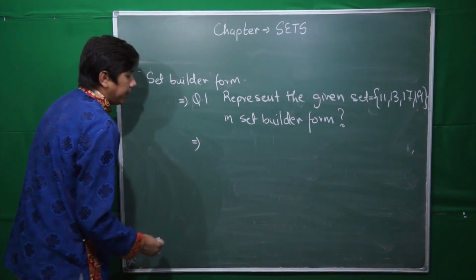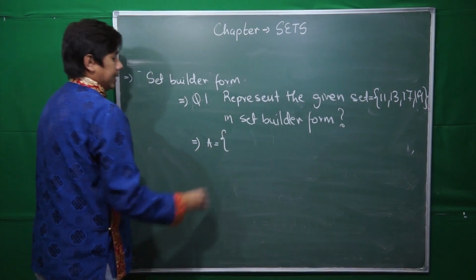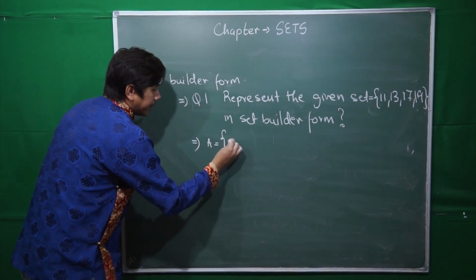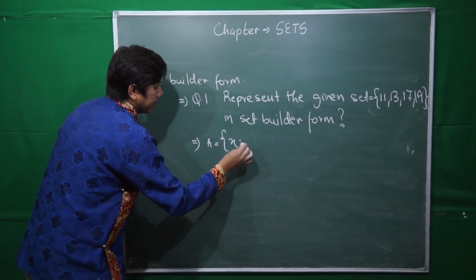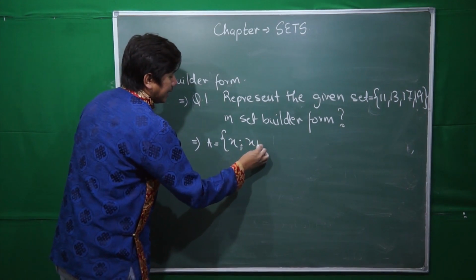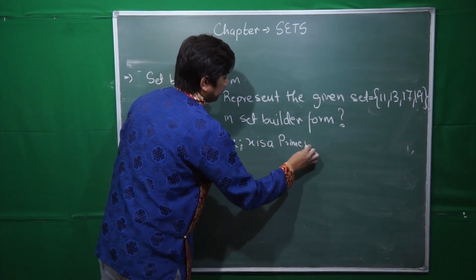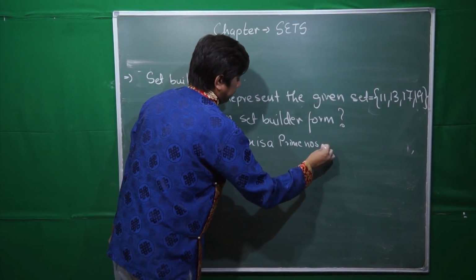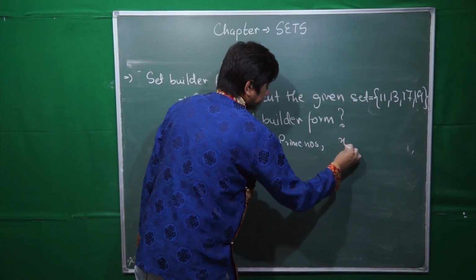So the answer should be: set A is every element X such that X is a prime number, and what kind of prime number?